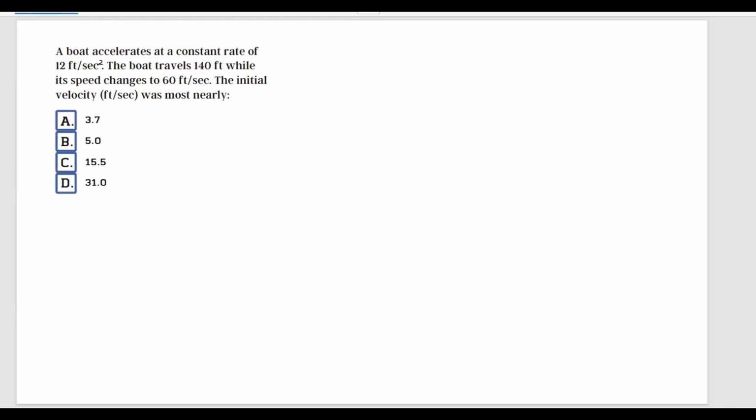So we're going to go shortly in the FE handbook, but first I would like to lay out everything that's given to us in the problem. So I'm going to write down, we have acceleration is 12 feet per second squared. Next, we have the distance. The boat travels 140 feet.